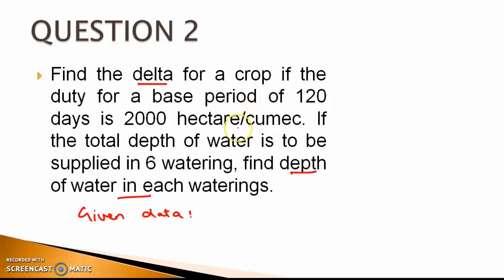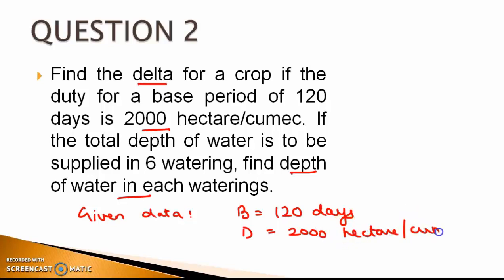Here the given data is, first we are given the base period, so here B is equal to 120 days. Next we are given duty, so here duty is equal to 2000 hectare per cubic. We need to find delta in the first part of the question.